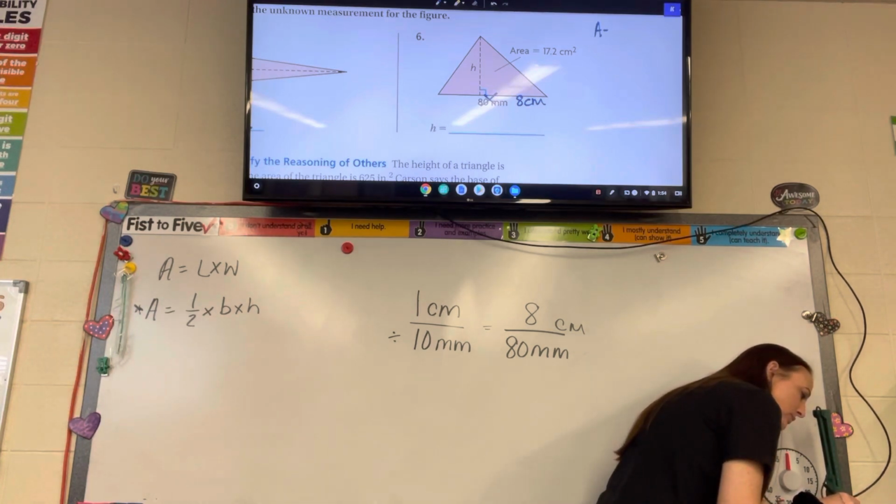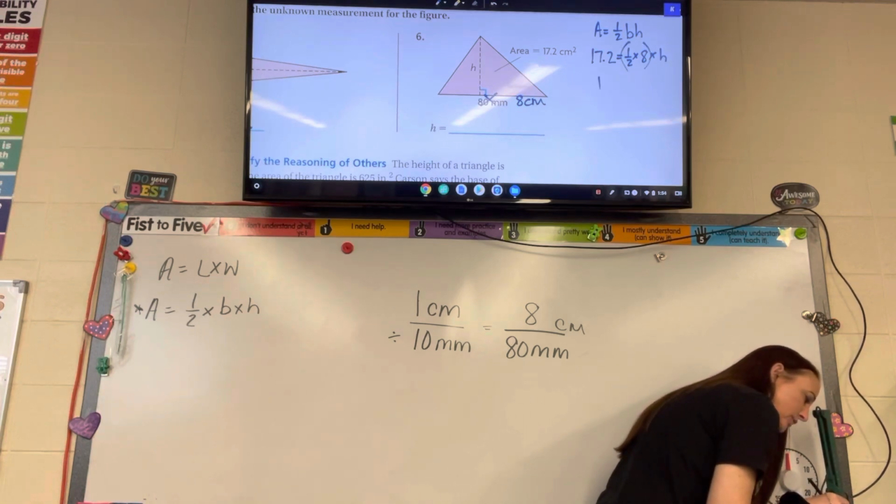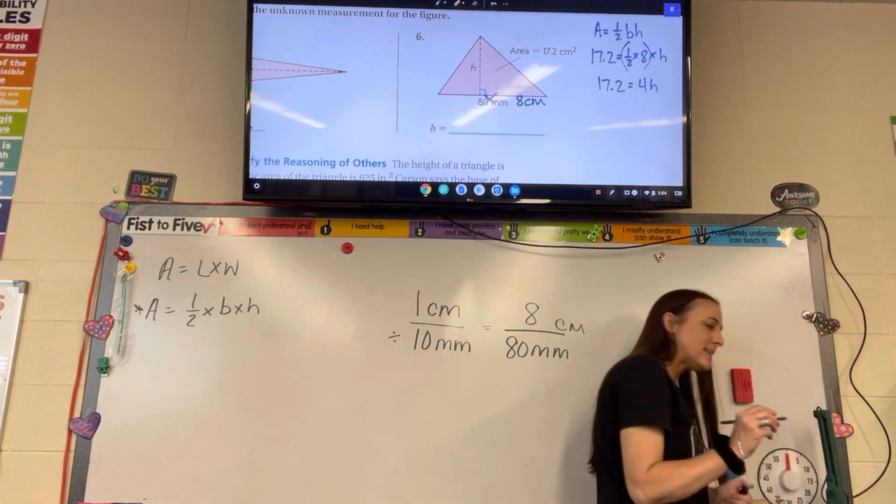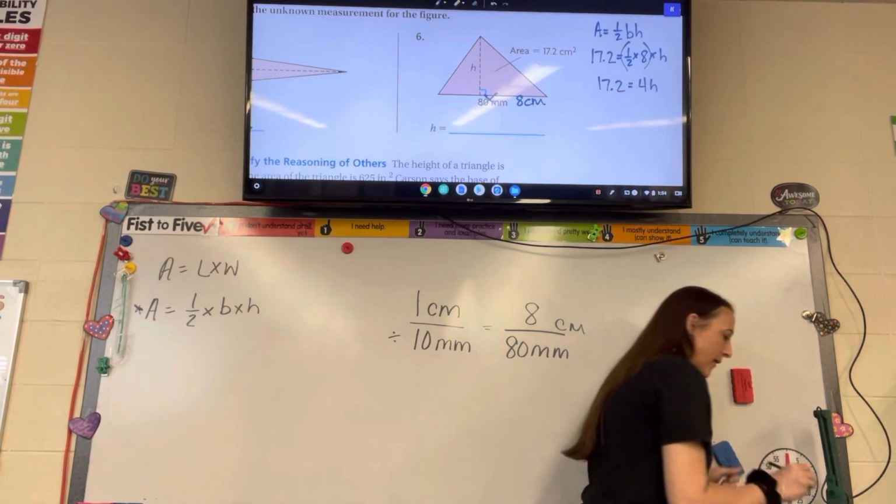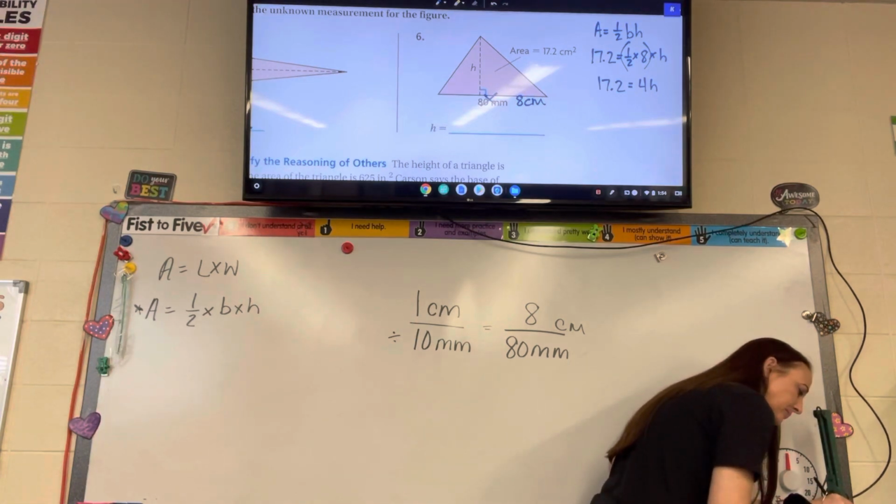Area equals 1/2 base times height. The area in this problem is 17.2 equals 1/2 times 8 times h. What's half of 8? 4. So 17.2 equals 4h. What's being done to the h? Multiplied by 4. So what do we do to both sides? Divide by 4.